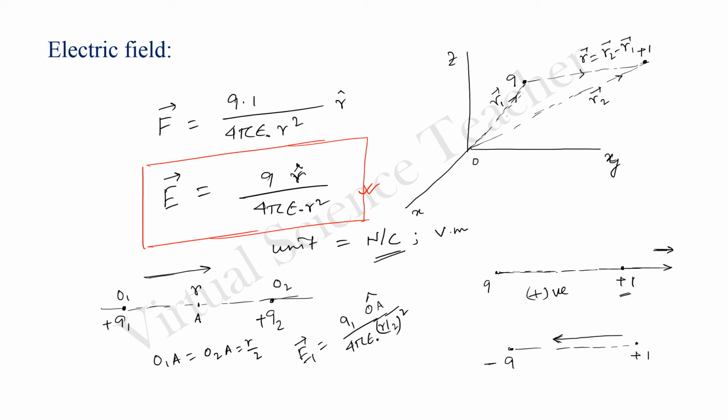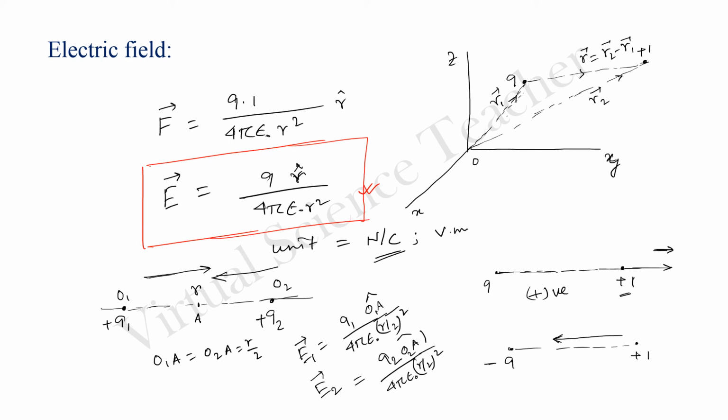This is a unit vector. And the electric field E2 at A due to charge plus Q2 located at O2 is Q2 by 4 pi epsilon naught times r by 2 squared. This direction is towards O2A. This will repel again. This is O1A, this is O2A.